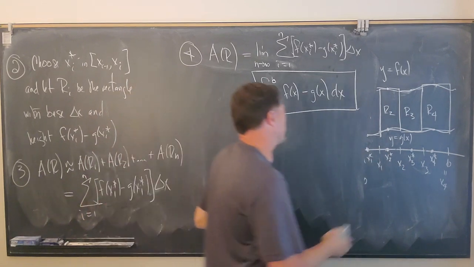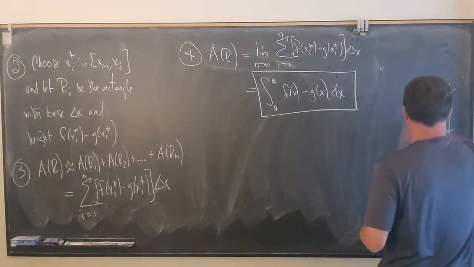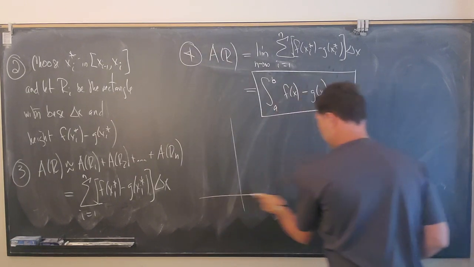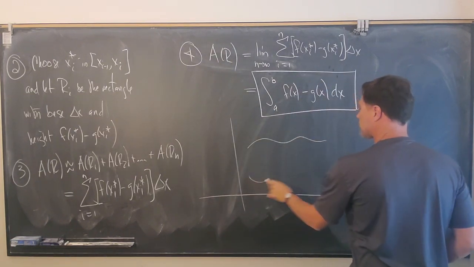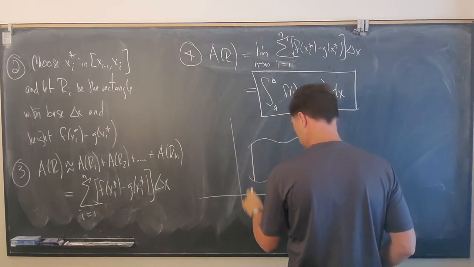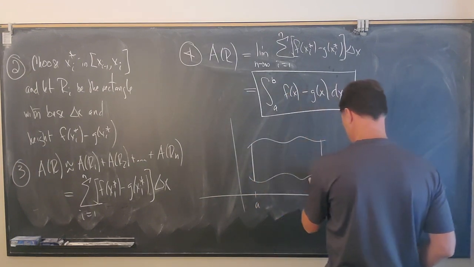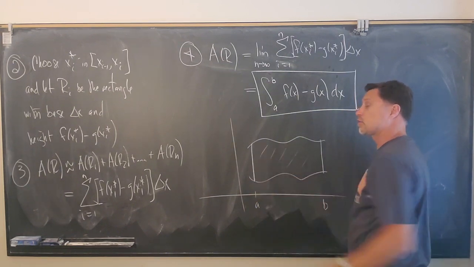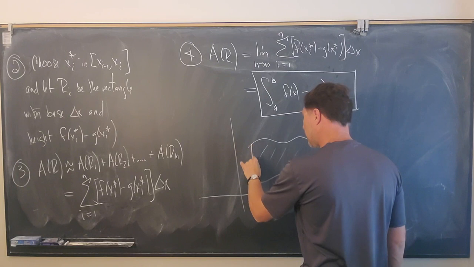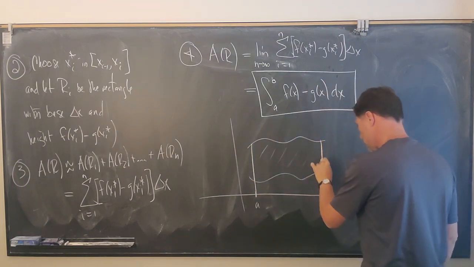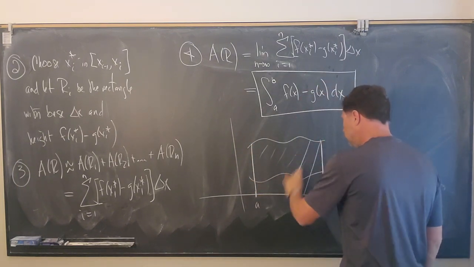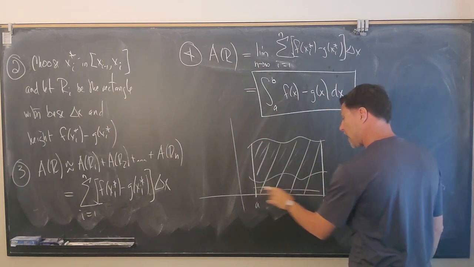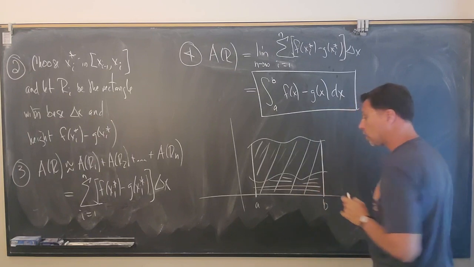And this really shouldn't be too surprising. Let me just draw a picture real quick. If we have a couple of curves, one way to think about finding the area of this region right here is to first find the area of the region below the upper graph, and then subtract away the area below the lower graph.